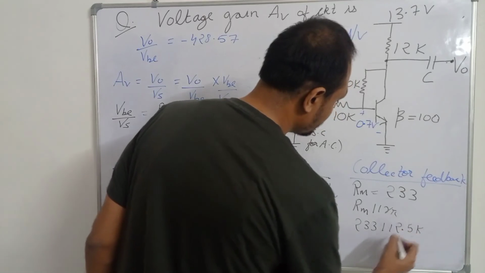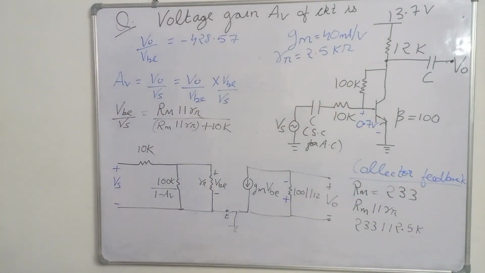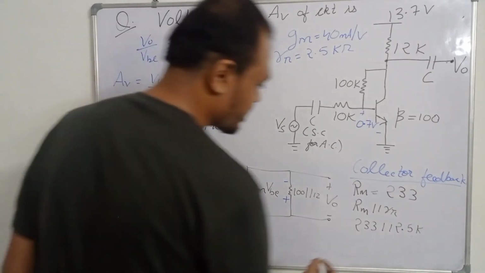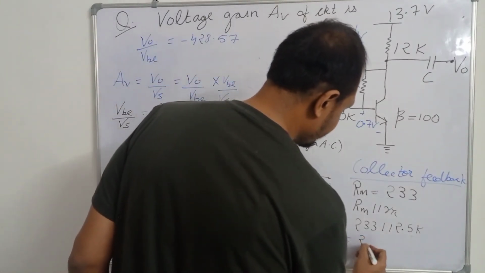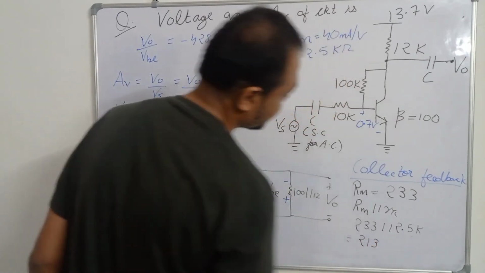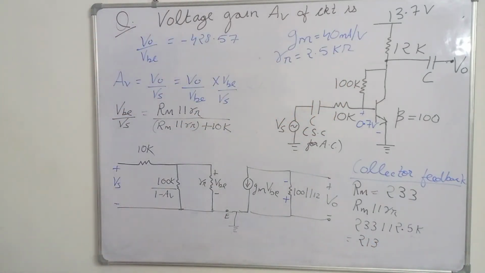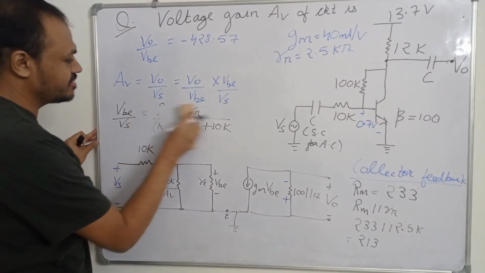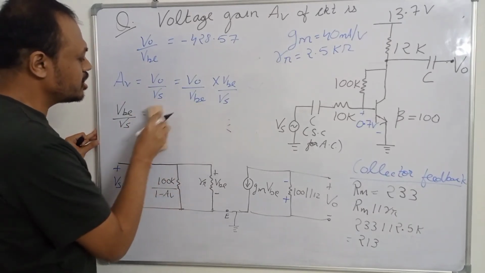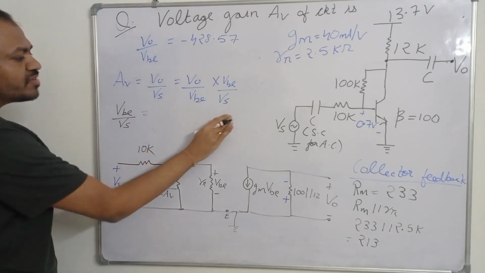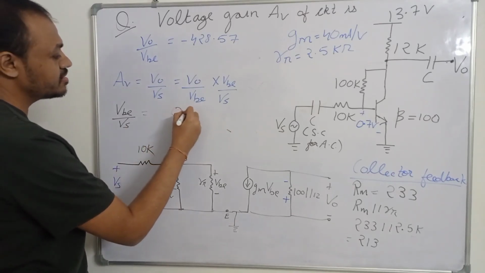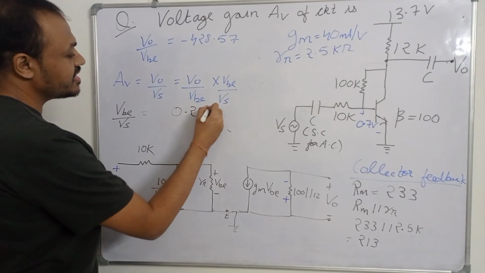If you calculate it, this will be approximately 213. So Rm in parallel with R pi is 213, or we can write it here as 0.213k.